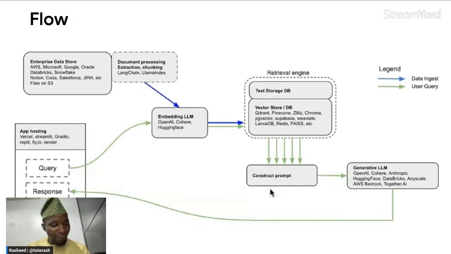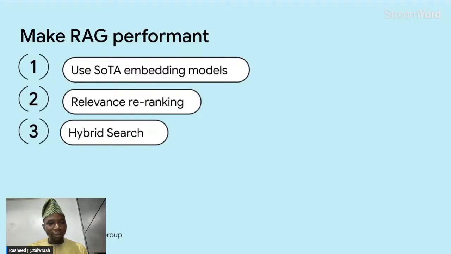Okay, so moving forward, the question now is how do we make RAG performant? How do we make it more accurate, easier to use, and get a perfect response from it? Number one thing is to use state-of-the-art embedding models.